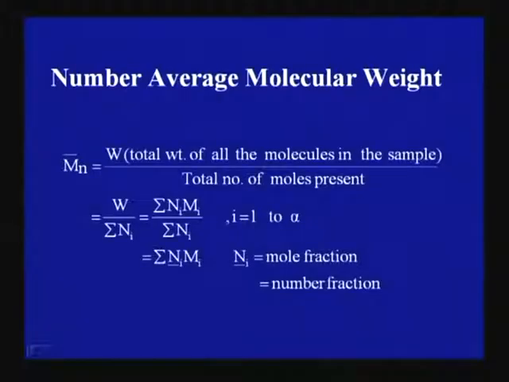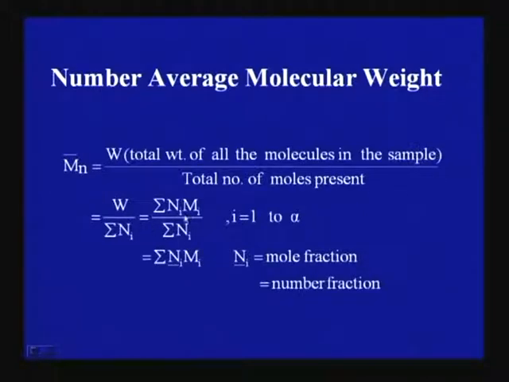You know a relation that if you divide the mass of a material by its total number of moles present, then you can get the molecular weight. A simple concept. From that concept, you see the number average molecular weight can be calculated using this relation.